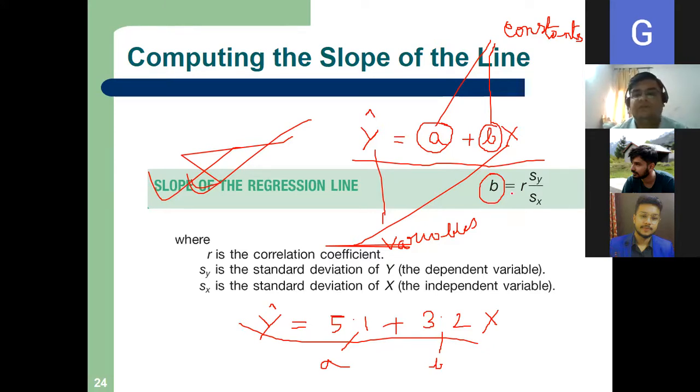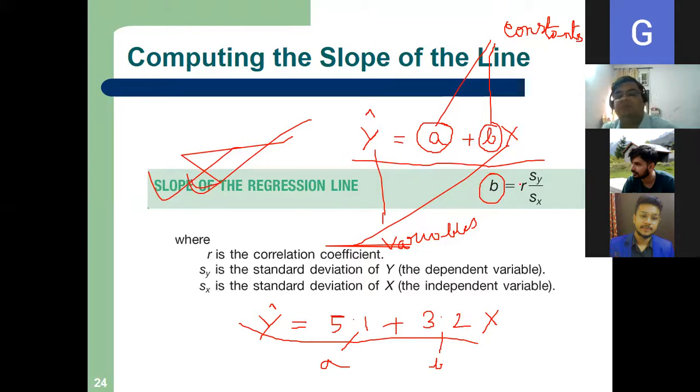B is equal to R multiplied by Sy by Sx. R, you already know, is the coefficient of correlation. Sy is the standard deviation of the Y, or the standard deviation of the DV, and Sx is the standard deviation of the X, IDV, right? Is it clear? B is very simple.